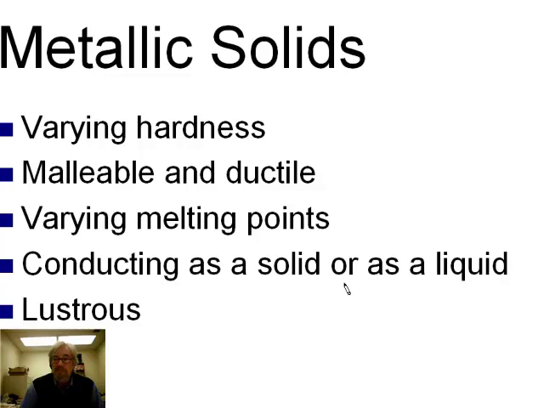They conduct as a solid or as a liquid, and that's because the delocalized electrons aren't stuck in any particular bond, or they're not part of any particular ion, and so they can flow through the crystal any way they want. And if you melt it, well, they're still available. And metallic solids tend to be lustrous, which means shiny. All of these electrons that are free to move around have a lot of different energy levels they can jump into.